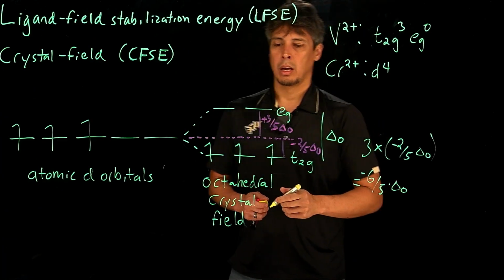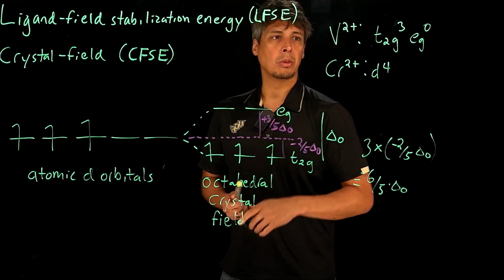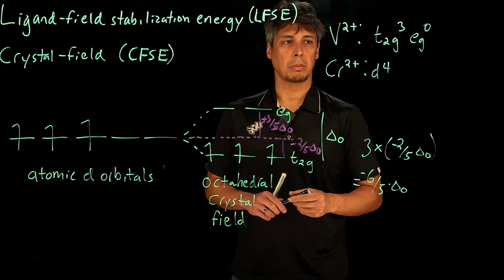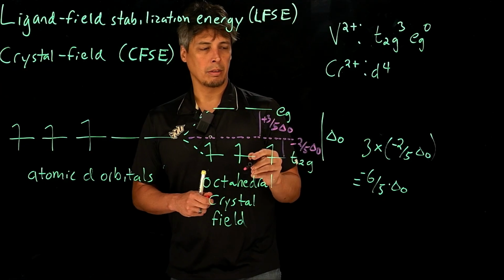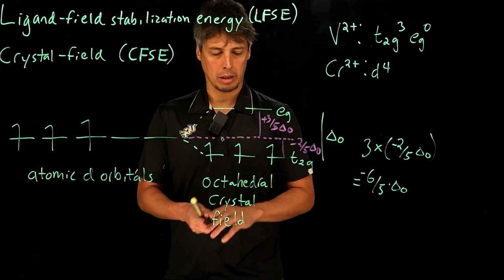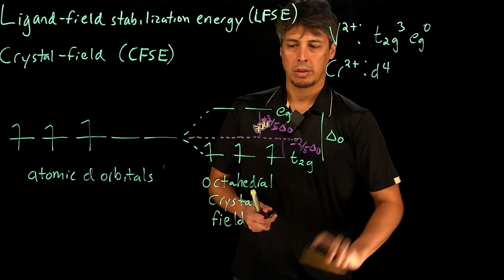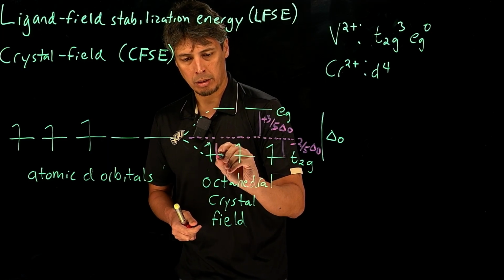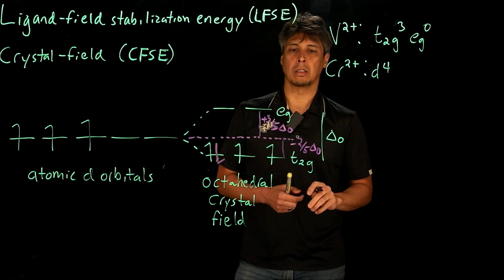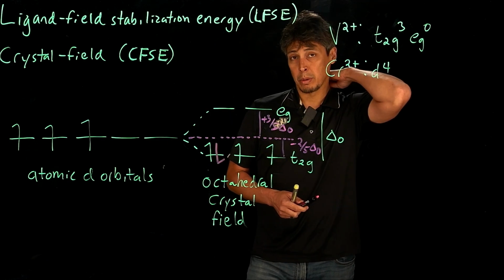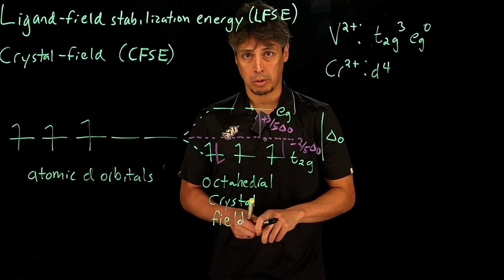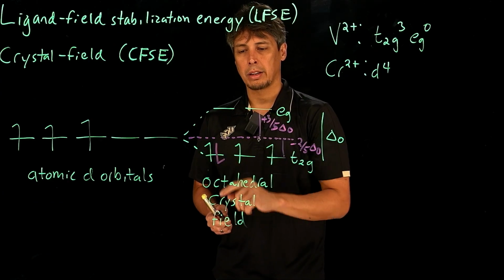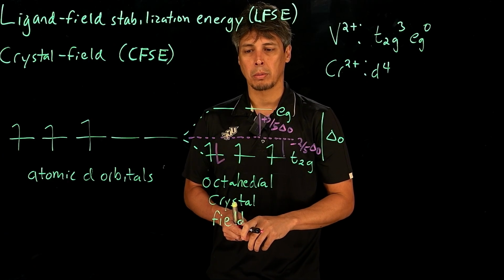Now, what do we do when we come back to this chromium 2+? We have a conundrum here. Either that fourth electron can end up in the t2g state, but now there's Coulombic repulsion because we've added that electron into an already filled orbital.